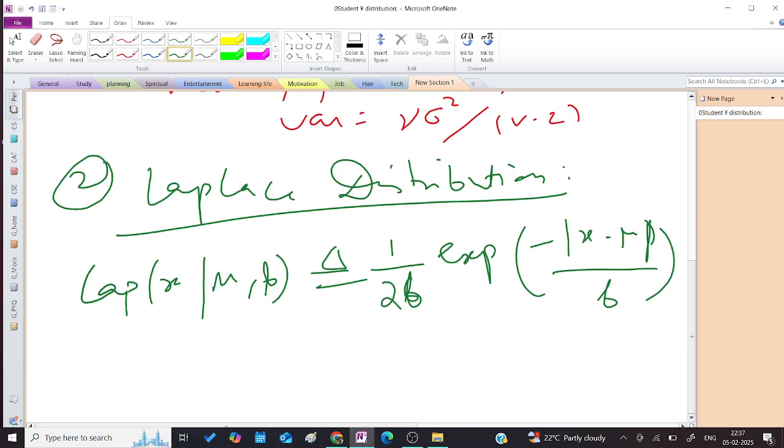Here the mean is mu, the mode is again mu, and the variance is 2b square.